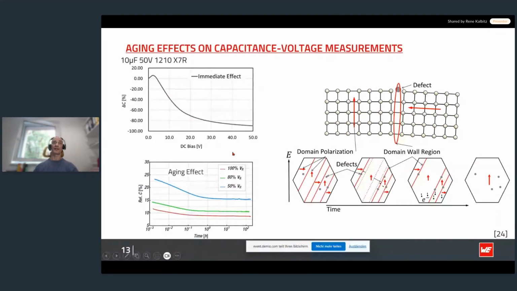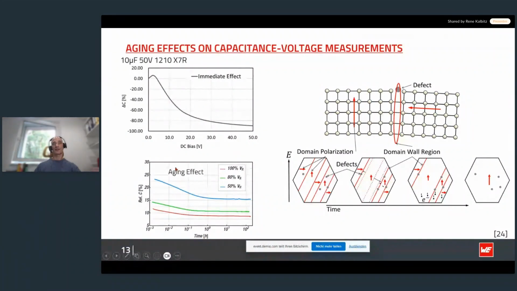The long-term effect, also known as aging or second stage process, will lead to a further decrease of capacitance over hours or days. The degree of reduction is also dependent on the applied DC voltage. The larger the voltage, the less pronounced is the further relative decrease, as you can see in the plot here.